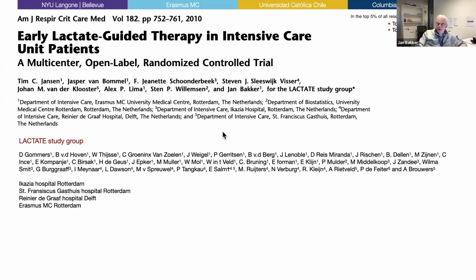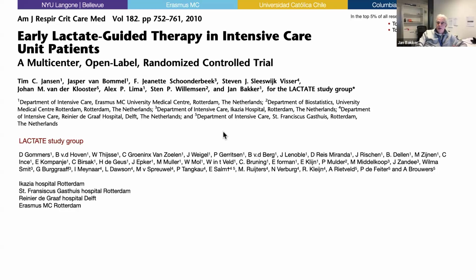When I was the chair of critical care in Erasmus, we did a technology assessment on lactate, and we found there are 0 studies on the use of lactate as an endpoint of resuscitation. And so we did the study.